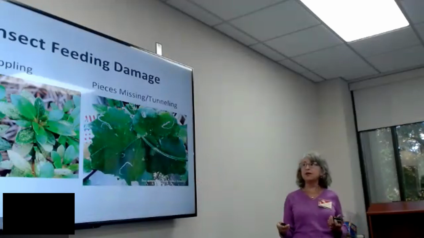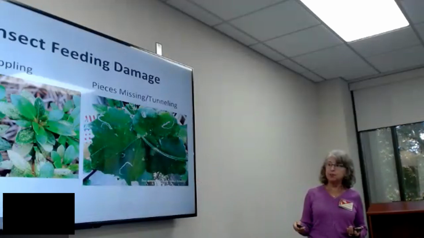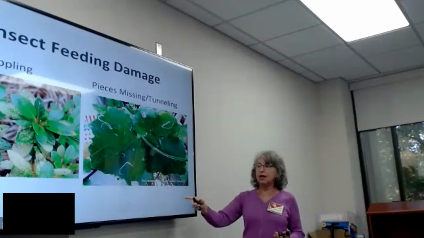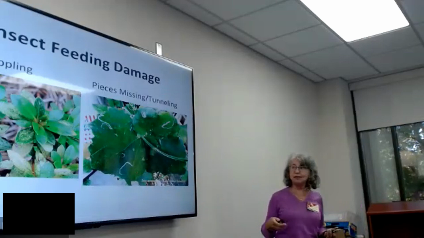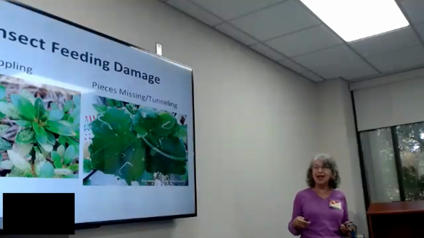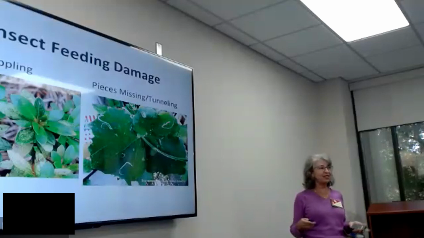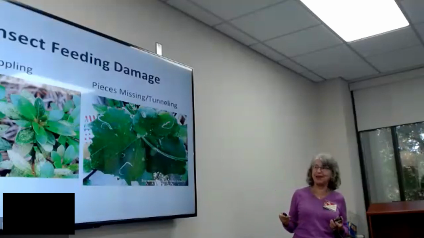Okay, here's some feeding damage by different kinds of mouth parts. Stippling, this is azalea with lace bug on it. This is a picture from my yard, which I have a big problem with. And I don't like to spray things very often, so plants are usually not too bad off.